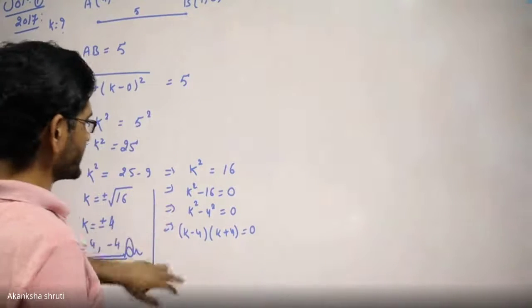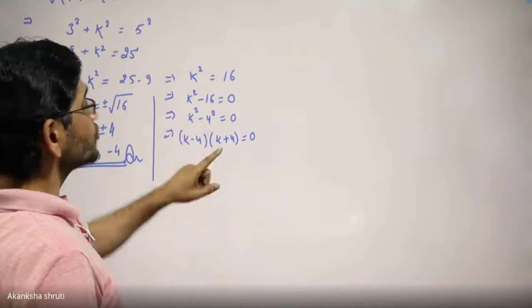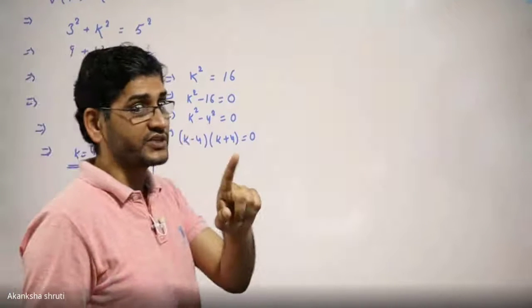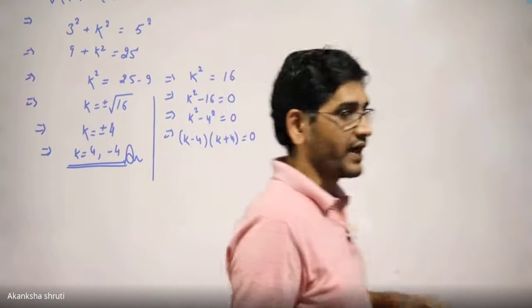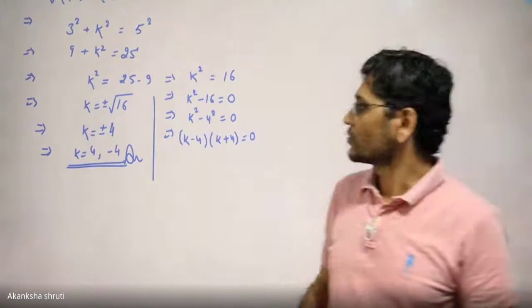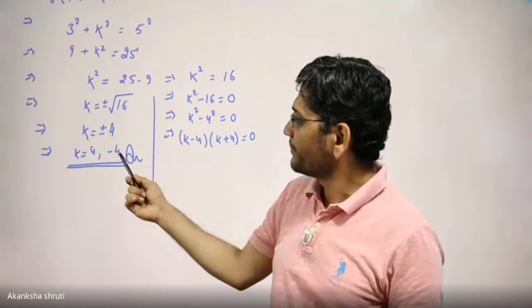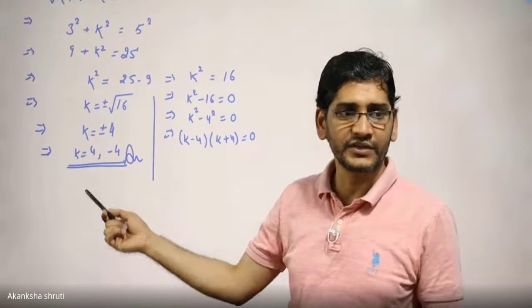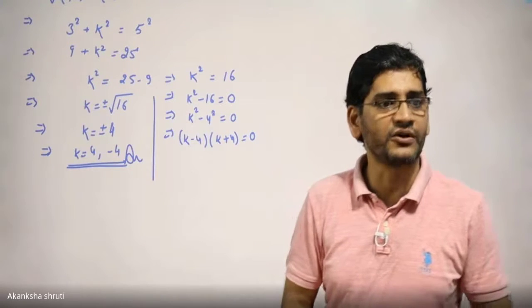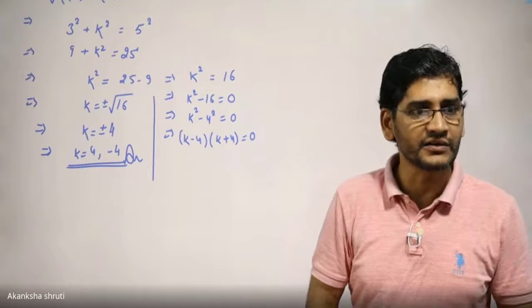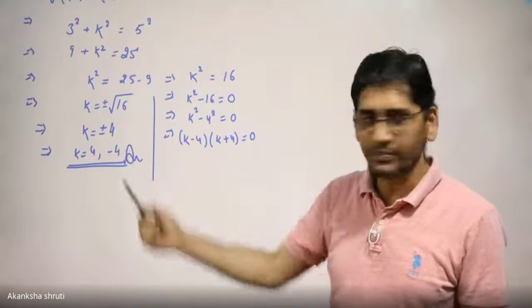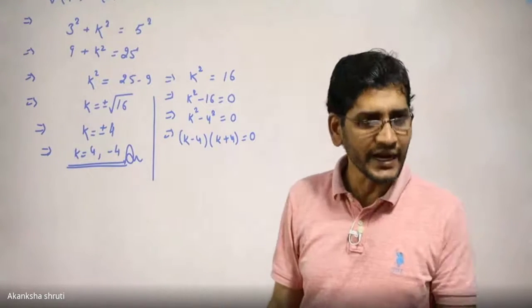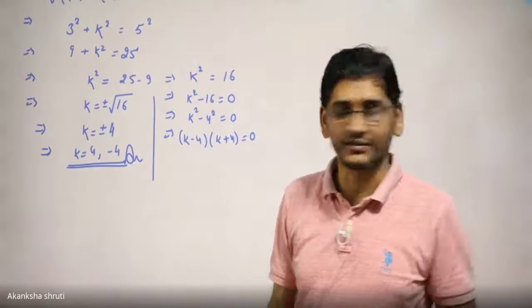Since it is a quadratic in K, that's why we have two values of K. Many times students commit a mistake here, and even in NTSC the options like plus minus 4 will be given, and students commit the mistake of just writing 4, and marks are deducted, though both are possible here. If one were not possible, then we would have to check it.